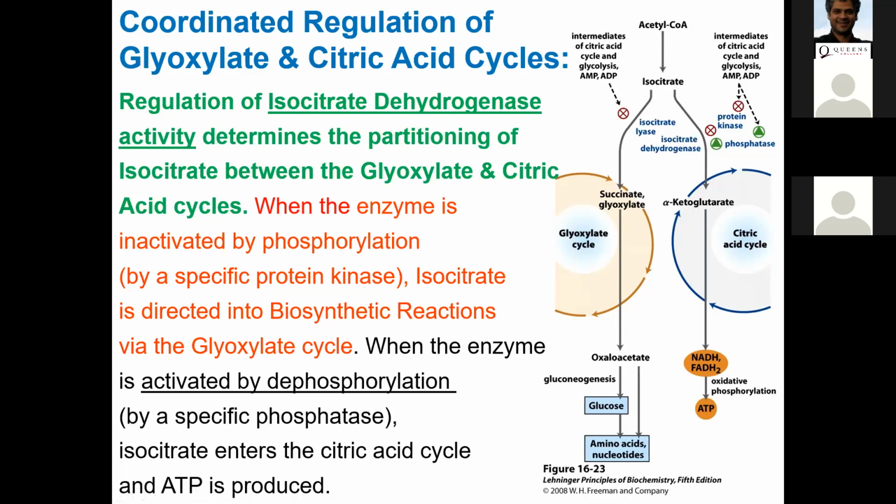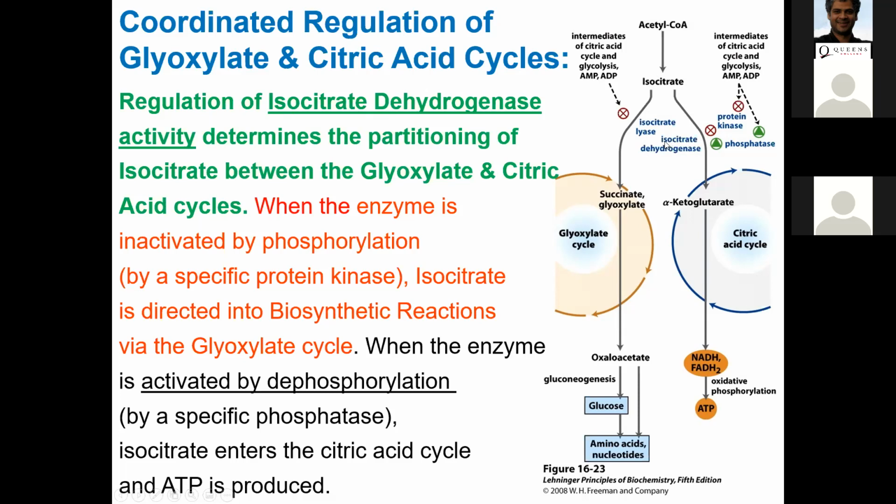That's what is written here on the left hand side. Regulation of isocitrate dehydrogenase activity determines the partitioning of isocitrate between the glyoxylate and citric acid cycle. So, right? So isocitrate will go left or go right. It will depend on the activity of isocitrate dehydrogenase.